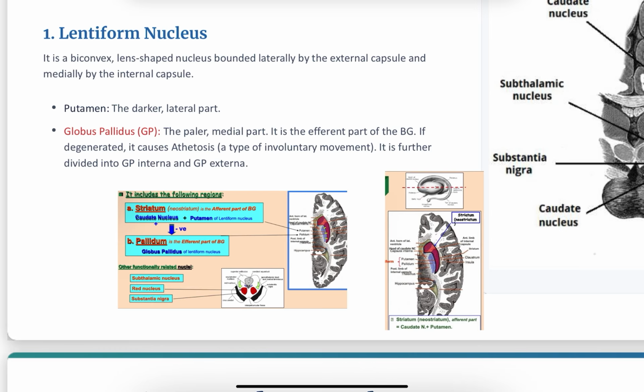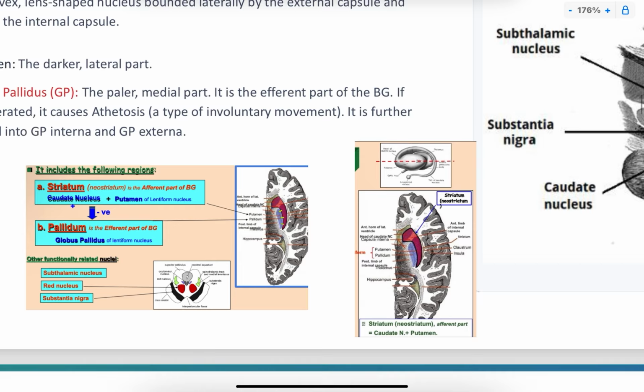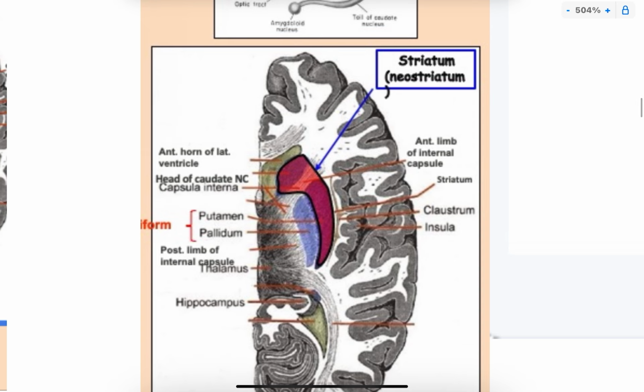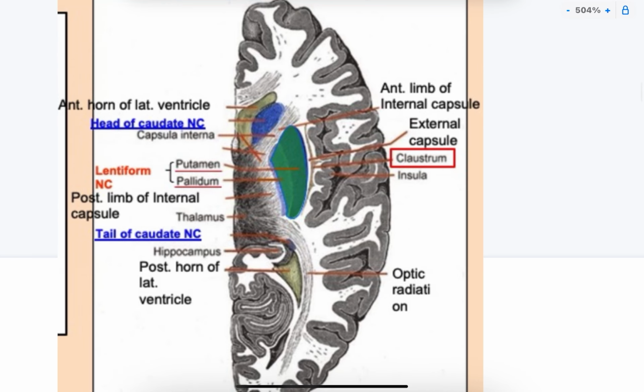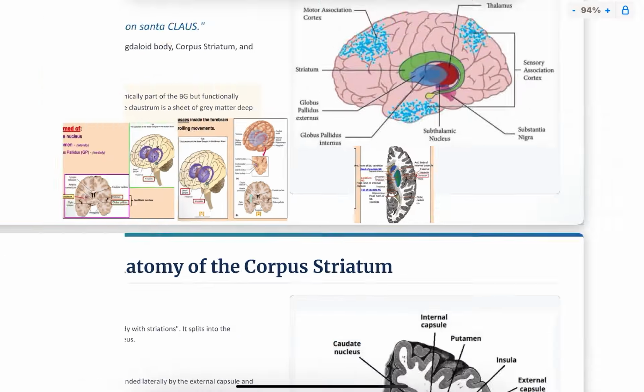Laterally we have the external capsule. This picture is better. Here, lateral to it, we can see the external capsule, and medial to it, I can see the internal capsule. And this is the biconvex, lens-shaped lentiform nucleus, which consists of the putamen and the globus pallidus.